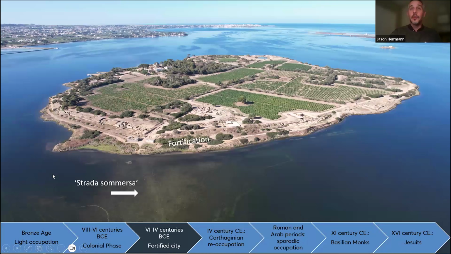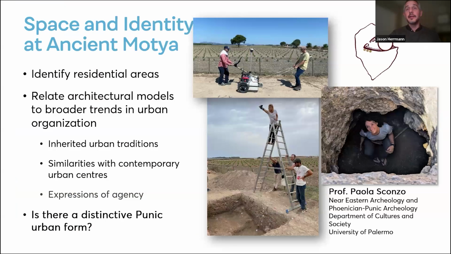So all of them offer a very spotty picture of Punic remains. They've been destroyed. People dug up old remains to reuse the materials. They're completely covered over by modern urbanism.